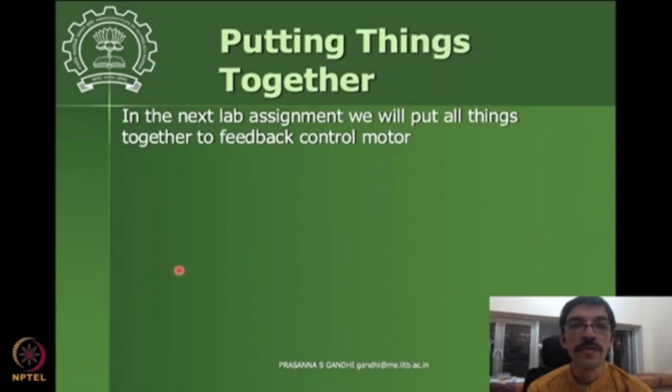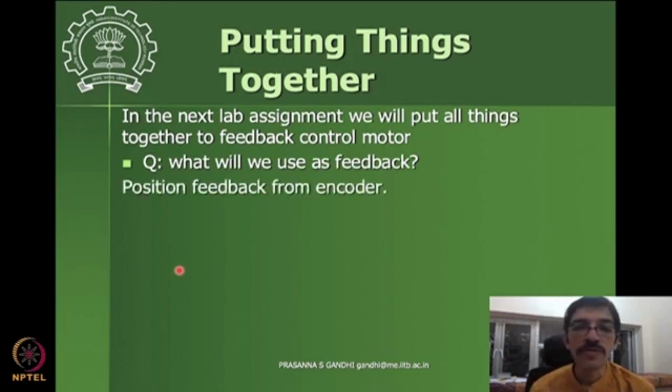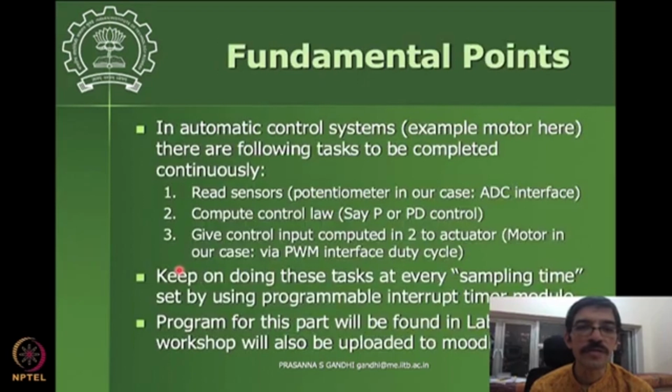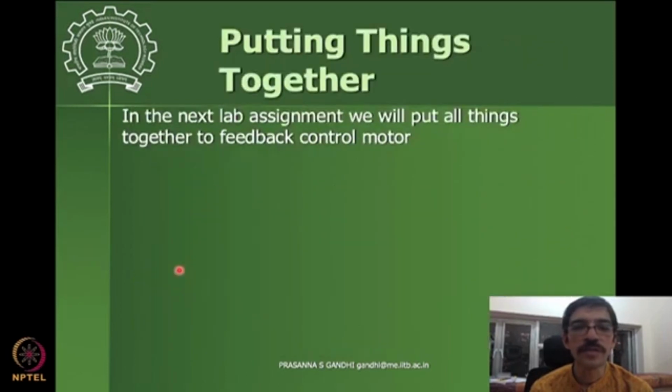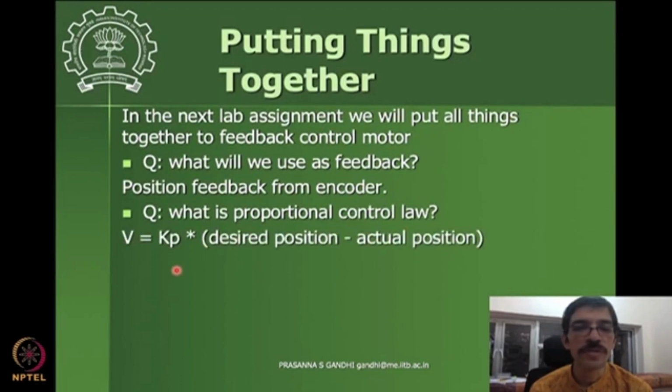Now, to put all these things together, here we are using the encoder position feedback. This is the first part: reading sensors, the encoder in this case. Then we'll use some kind of proportional derivative control law, and this expression will typically be of this form.